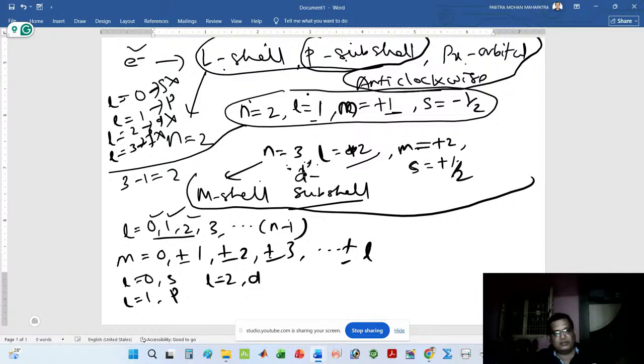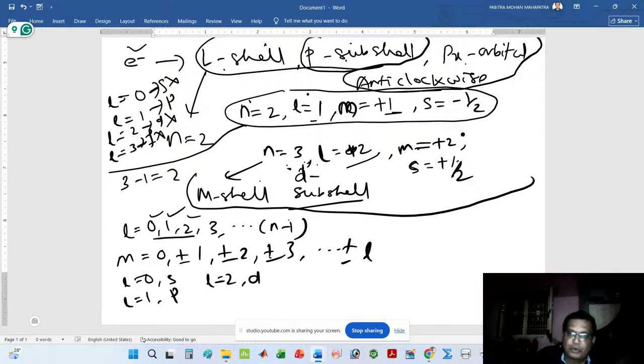For S subcell L is equal to 0, for P subcell L is equal to 1, for D subcell L is equal to 2. Here 2 is given, so I can say that it is the D subcell.